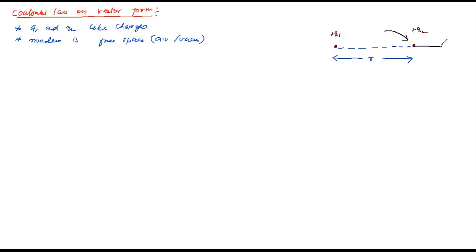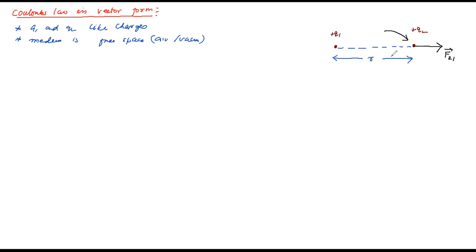Let me denote this direction of force like this, because it is repulsive. Since it is a force on charge q2 due to charge q1, I'm writing it as f21. It means force on charge q2 due to charge q1. Don't forget this.